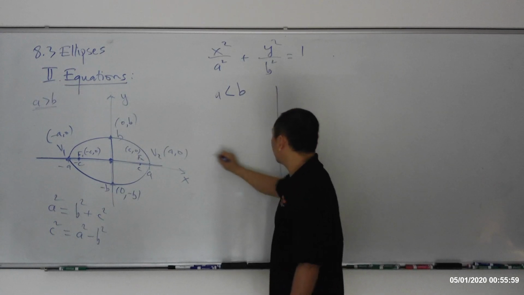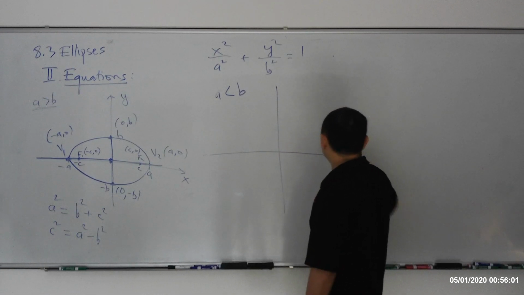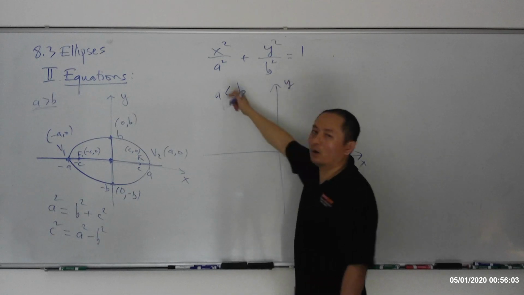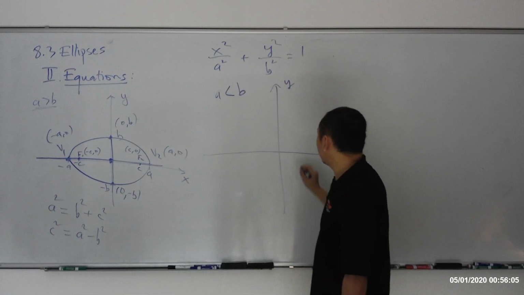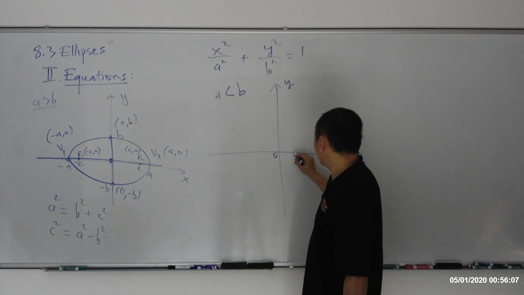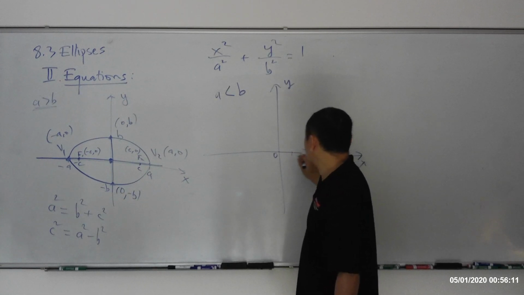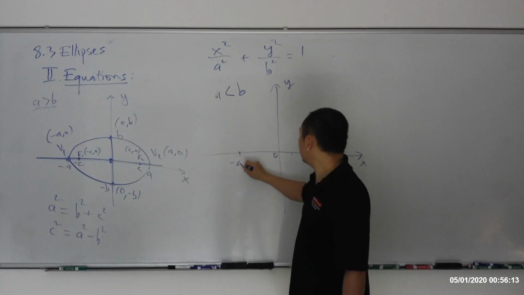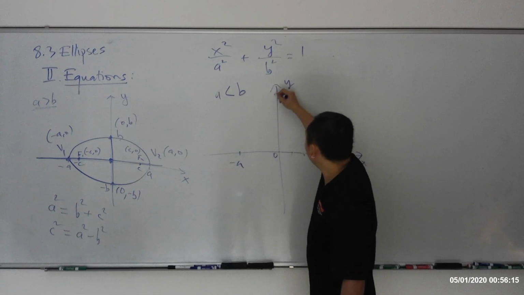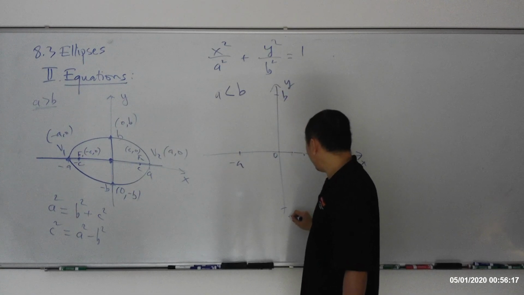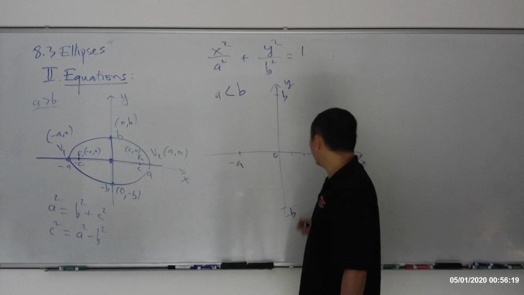Then you draw the same thing, x-axis, y-axis. A always goes with x in my lecture, so I start from the center, go to the right a units, go to the left a units. Now a is less than b, so b is going to be bigger. Go up and down b, you get b and negative b.